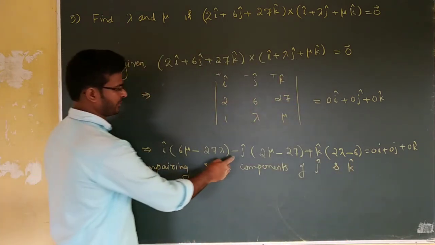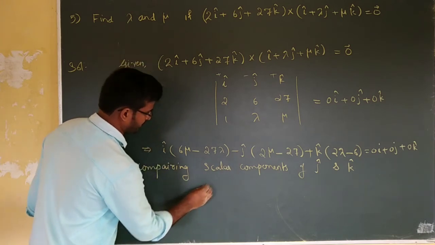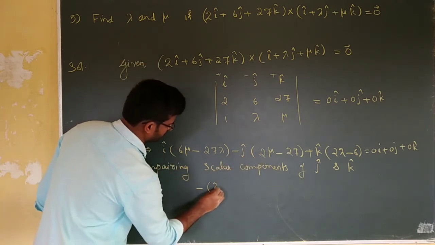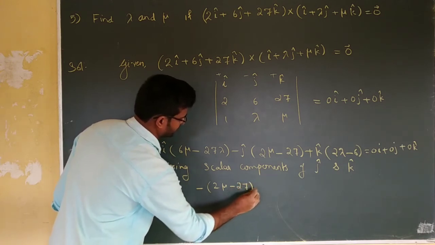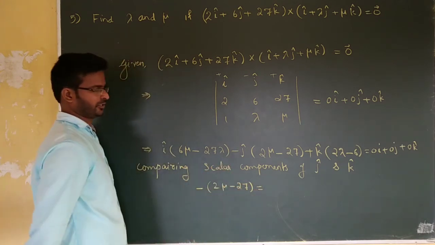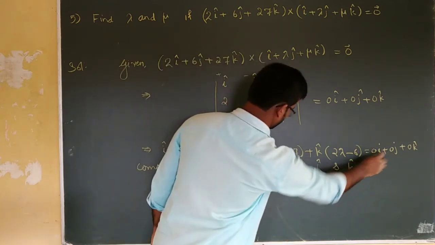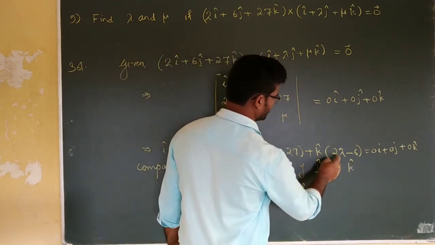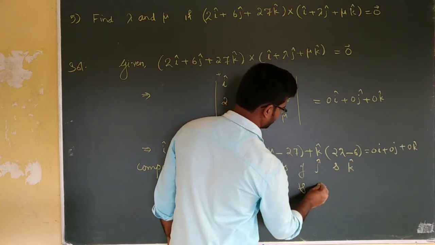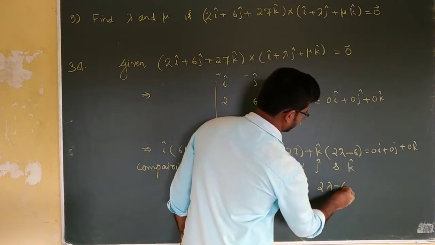What is the scalar component of j vector? Minus is there, keep in mind, this minus, then 2 nu minus 27. This is the scalar component of j vector, right side 0. And the scalar component of k vector is 2 lambda minus 6, right side 0.